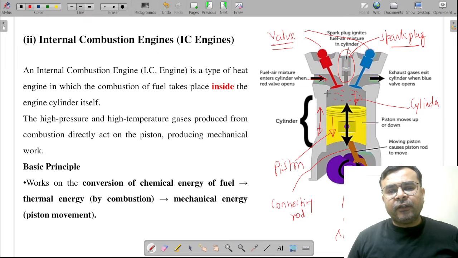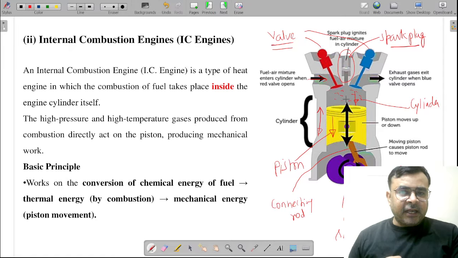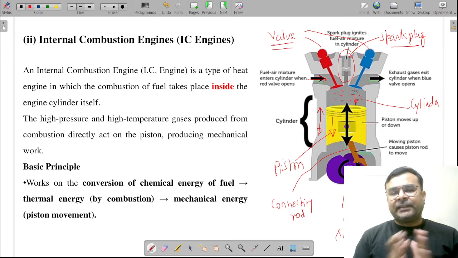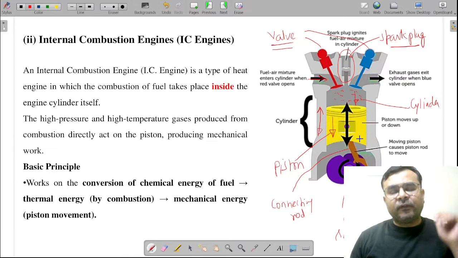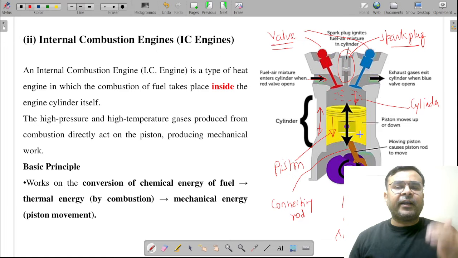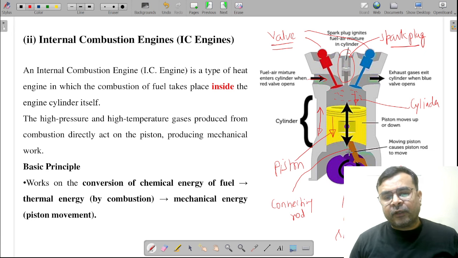So obviously here you burn the fuel, and because of that very huge pressure will be generated, and this huge pressure gas expands, and because of that expansion of the gas, this piston can move, or you can say this piston can reciprocate, and this reciprocating motion is further utilized to run the vehicle. Is it right? And of course when it reciprocates, this reciprocating power is transferred from this piston to connecting rod, from connecting rod to crank, and then from crank to crankshaft.